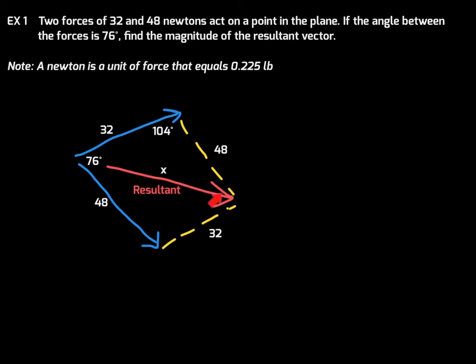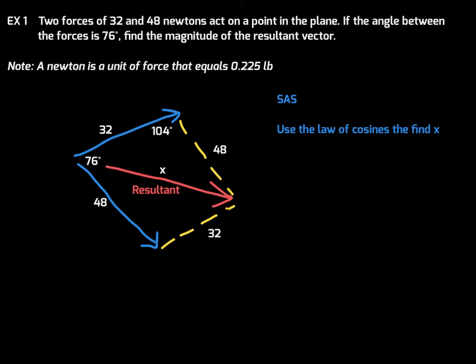But notice now, guys, this is the powerful part. Notice that this is a triangle. And what do I know about this triangle? I have this side, I have this side, and I have the included angle. What is that? SAS? So what we can do is use the law of cosines to find x, which I've labeled x here, the length of this vector, the magnitude of this vector. It'll look like this.